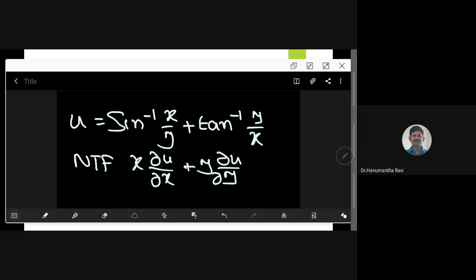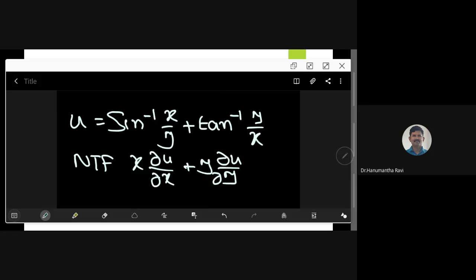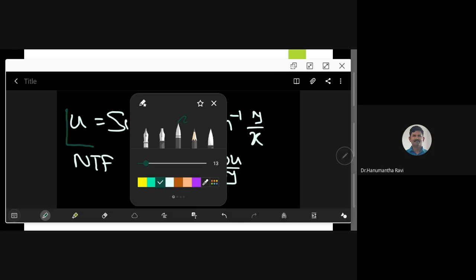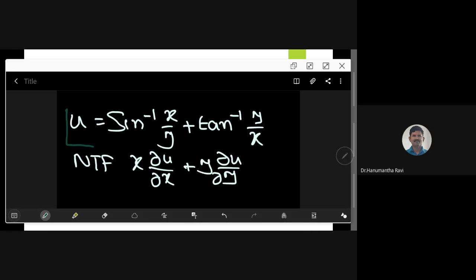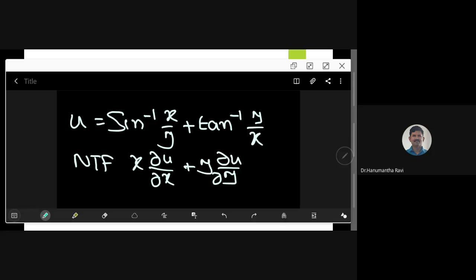Where is the homogeneous function here? We need to check whether this function is homogeneous. Then without applying chain rule, one can get the value of x dou u dou x plus y dou u dou y.